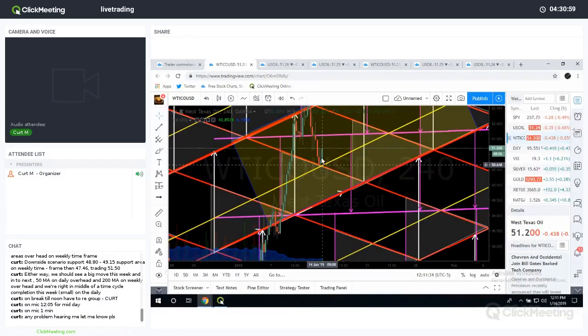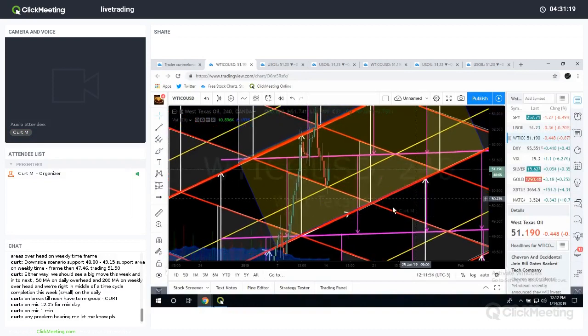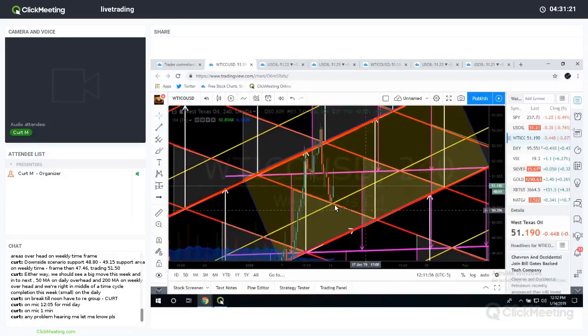So we'd be in a retrace, so it would be here. And typically it's going to hit where the lines cross. Not always, but you'll see it trend into where the lines cross. So if it sells off more, this yellow line is your support. If it fails, then the next yellow line underneath. It's a little difficult to explain, but when you see how it functions, you'll get an idea.